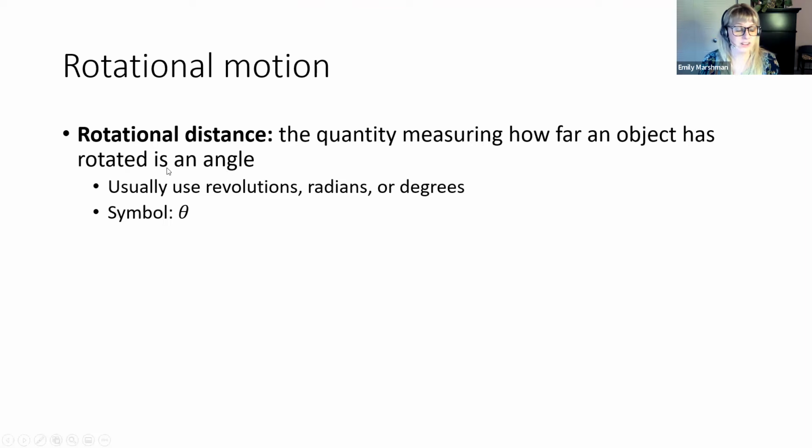Well, here, when we talk about rotation, we're going to say, how much did the object rotate? How much of an angle did it rotate through? And we usually use revolutions, radians, or degrees as our angle. And the symbol that we will use for rotational distance is called theta.